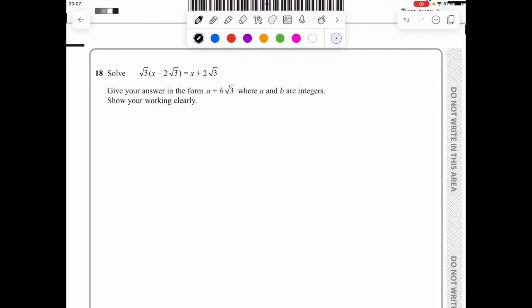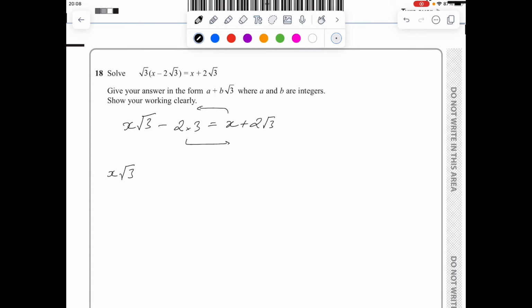I'll start question 18 by expanding the brackets on the left hand side. So x square root of 3 minus 2 square root 3 times square root 3, which gives me 3, equals x plus 2 square root of 3. Now I'll take the x on the left and the number on the right.